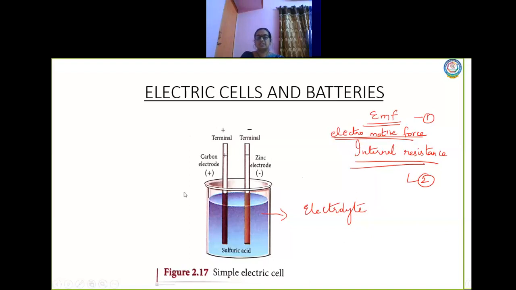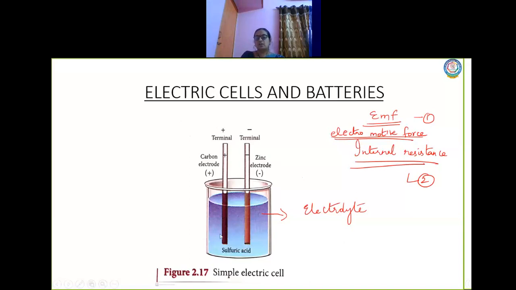This is in the absence of an electrical circuit. There is no electrical circuit connected here. It is just simply a cell, where the electrons are made to move due to the reaction that is taking place between the electrodes and the electrolyte inside the cell.